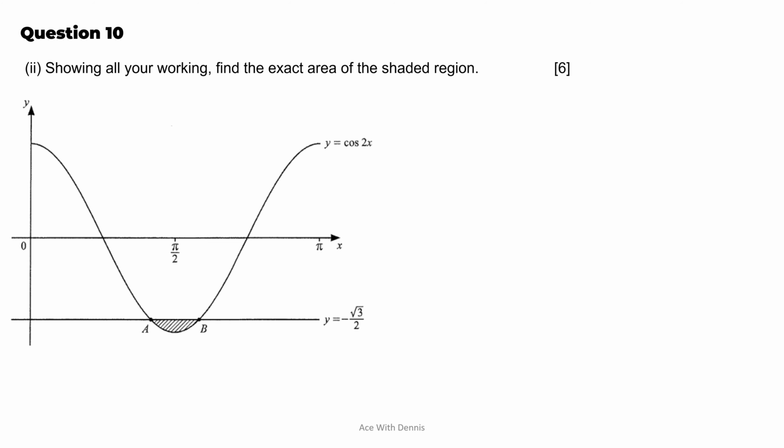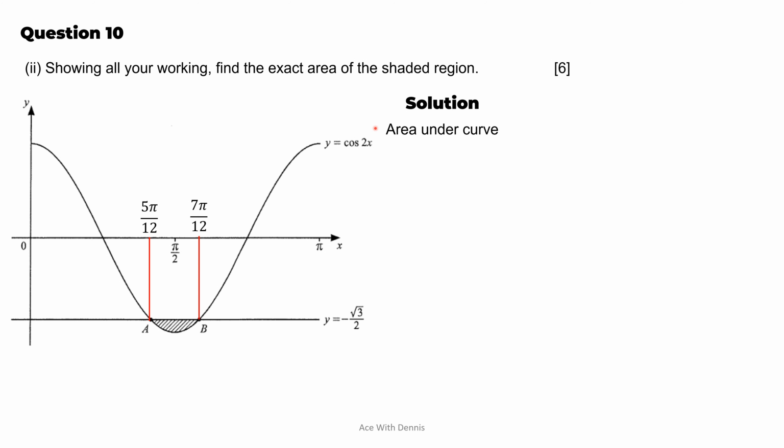Part 2. Show all your working. Find the exact area of the shaded region, 6 marks. Here is the area of the shaded region. Firstly, we mark this point, 5 pi/12, and this is 7 pi/12, as these two values were found in part 1.